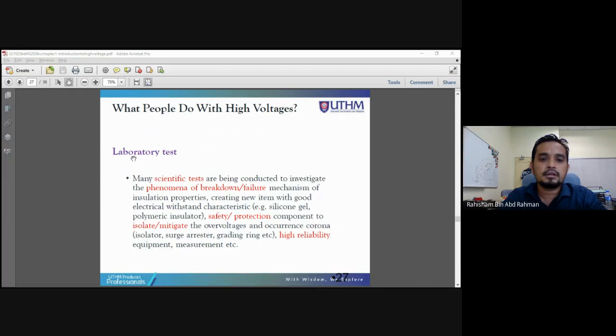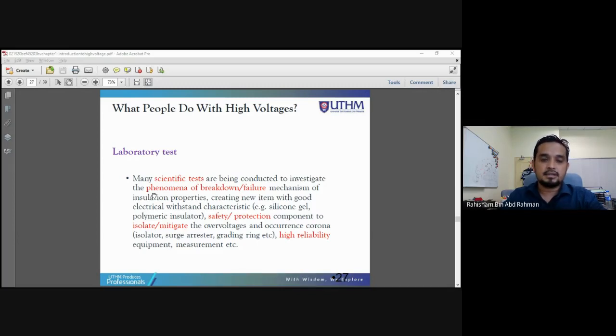We researchers require the high voltage impulse generator for laboratory tests. Why do we need the laboratory test? Because we want to test the insulation's strength, the protection devices, the high voltage transformers, and many other equipment in high voltage.